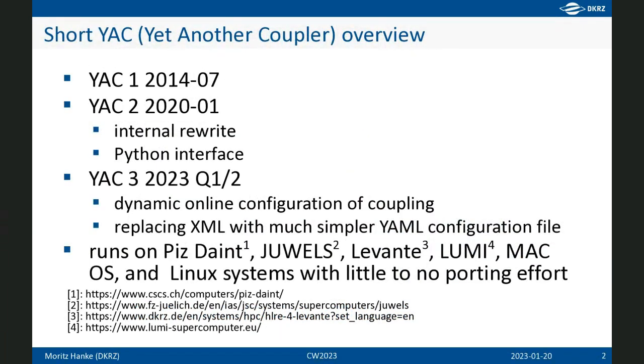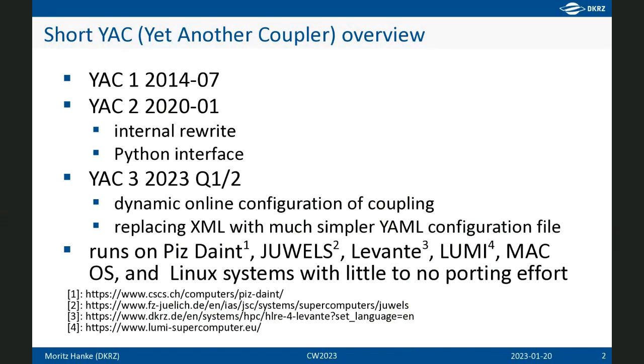So originally I worked on OASIS4, but after that was dropped, OASIS went back to OASIS3 and integrated MCT. And we at DKRZ and the Max Planck Institute started developing something new, because at that point in time there was nothing that was usable for us in parallel.